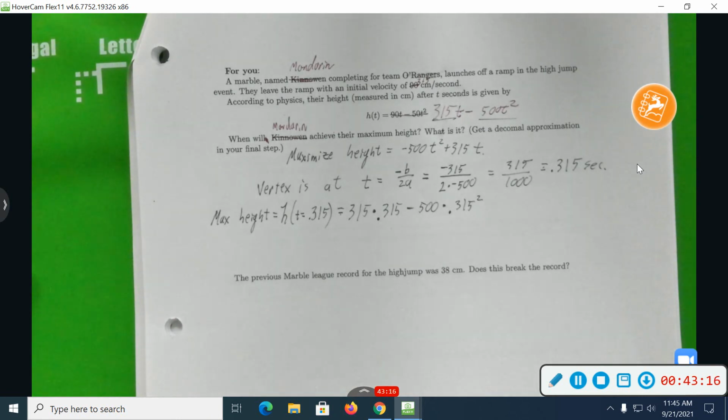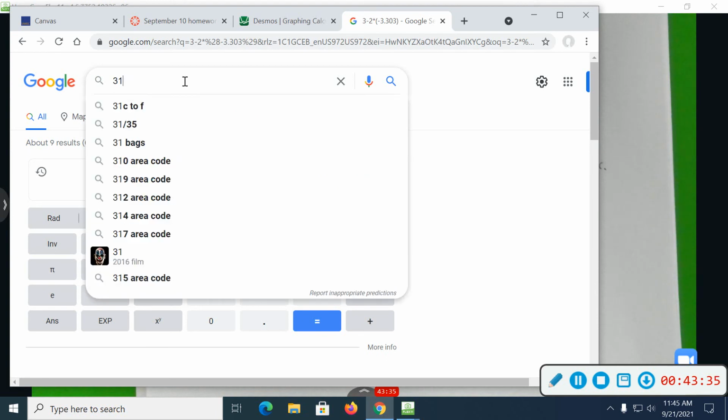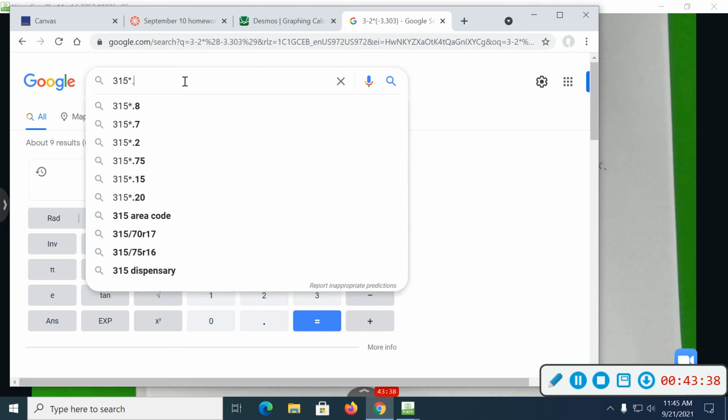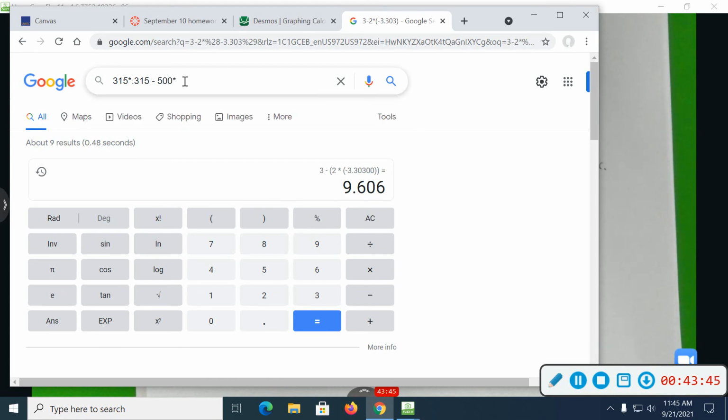And that's like enough digits that I certainly wouldn't want to approach it by hand. One could make headway by doing some factoring. It looks like I see basically 315 squared in each term, but let's not bother with that. All right. 315 multiplied by 0.315 minus 500 multiplied by 0.315 squared.